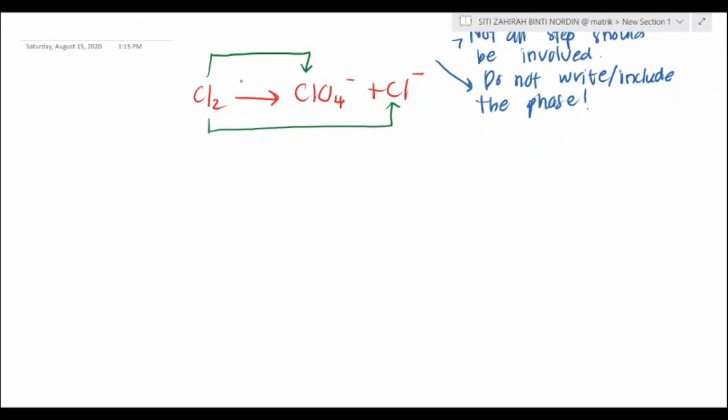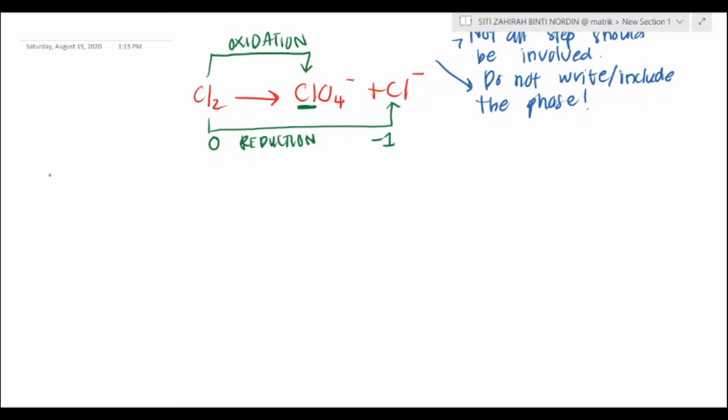Now determine the oxidation number. For Cl2, that would be 0. For Cl minus, that would be negative 1. You can do it for ClO4 minus as well, but I'm just too lazy to find the oxidation number for Cl in ClO4 minus. Just determine only one half equation. So 0 to negative 1, there would be reduction. So the other half equation must be oxidation.